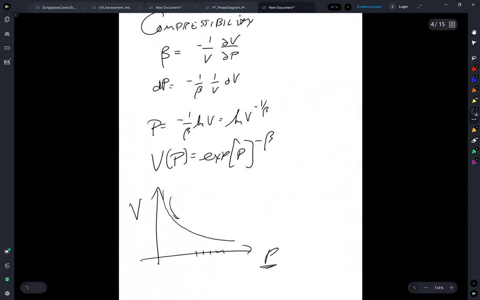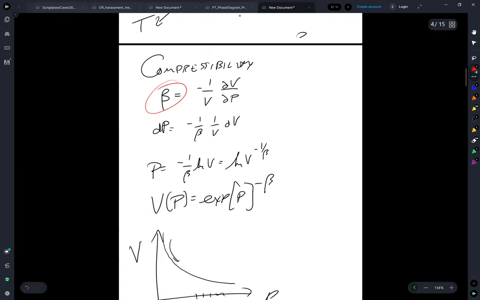A problem here is that beta, compressibility, is only for fluids, liquids, and vapors. But the good news is that solids don't have compressibility, but they have a bulk modulus.